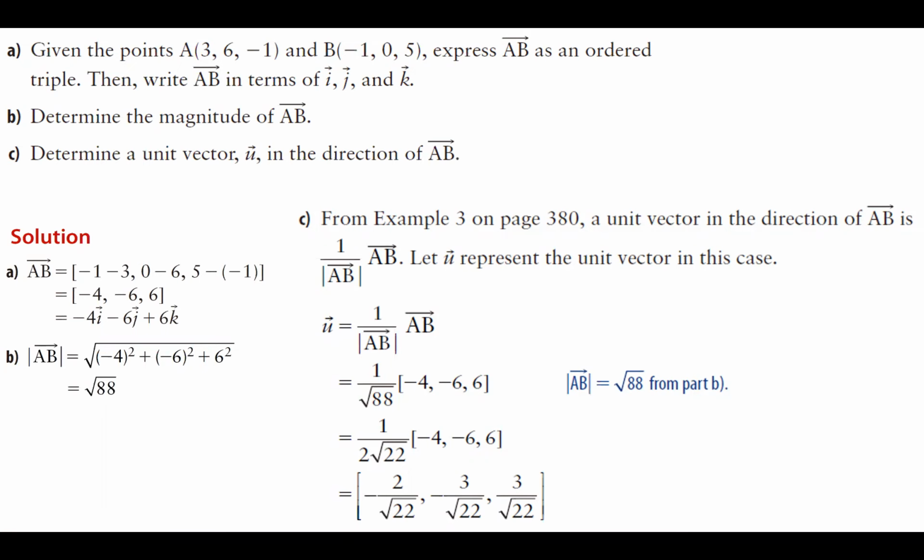Then U equals 1 over the magnitude of vector AB times the vector AB itself, which is 1 over square root of 88 times the vector (-4, -6, 6). This can be simplified to (-2 over square root of 22, -3 over square root of 22, 3 over square root of 22).